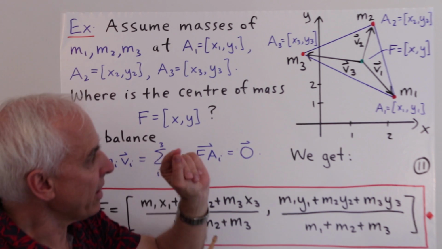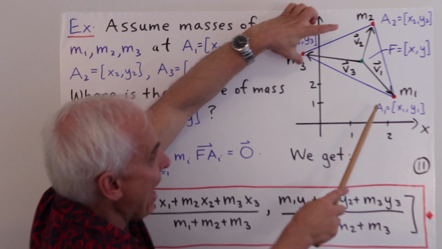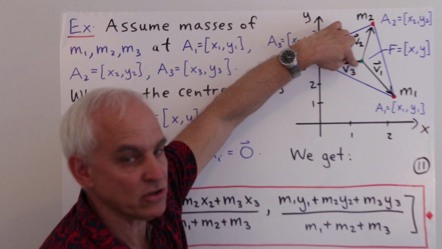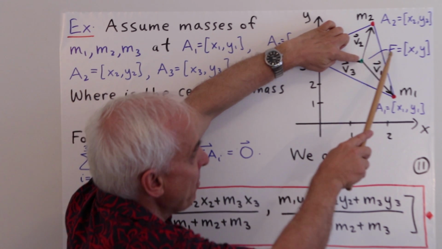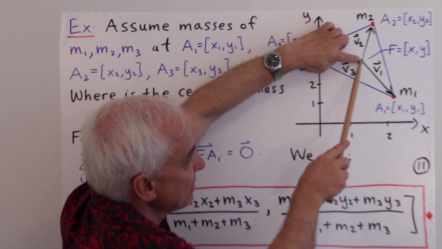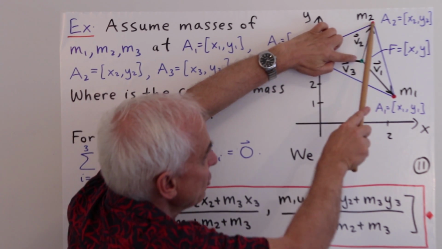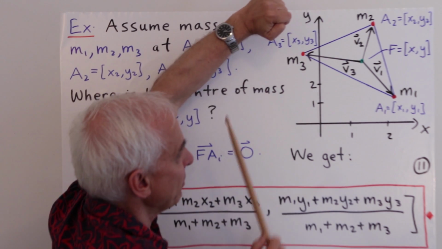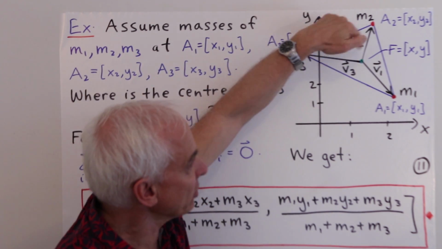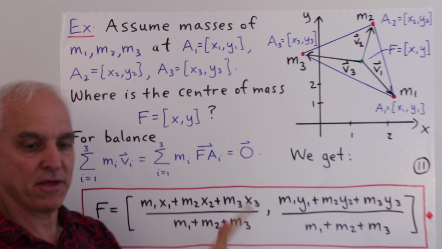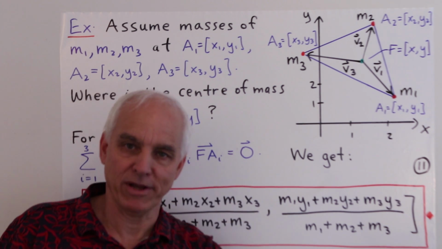So there is a possible place for it. Okay, so the crucial ingredients here are the 3 masses, of course, but also the 3 vectors. The vector emanating from the proposed center of mass to the point A1, let's call it V1, to A2, which is V2, and to A3, which is V3. So these 3 vectors get multiplied by the 3 masses to give us the 3 moments.